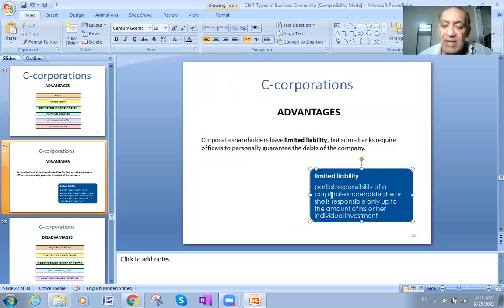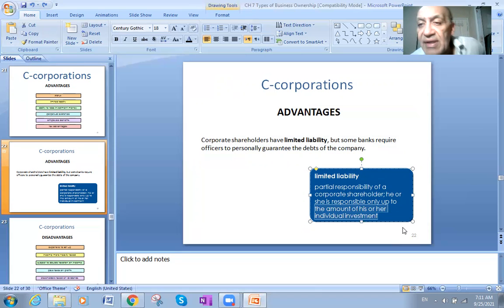Okay. The limited liability, we talked about it before, but we said the unlimited liability. The limited liability is the opposite. Partial means part. Responsible about a part only. A corporation shareholder is responsible up to the amount of his or her individual investment.